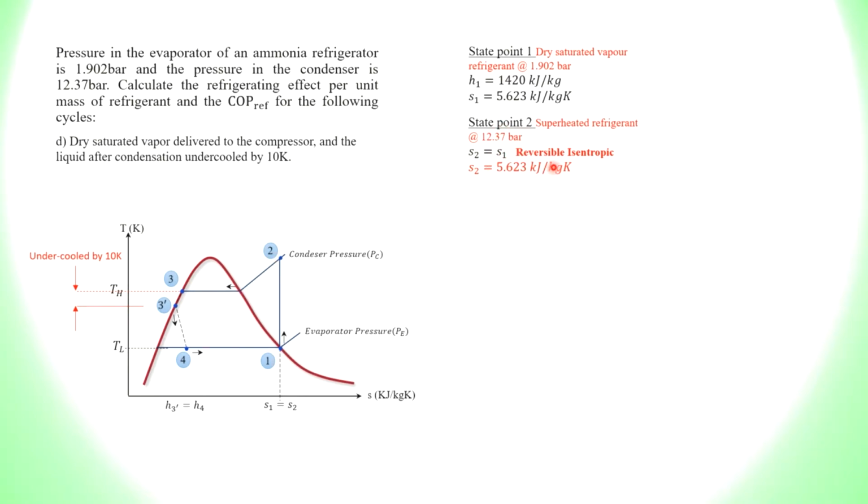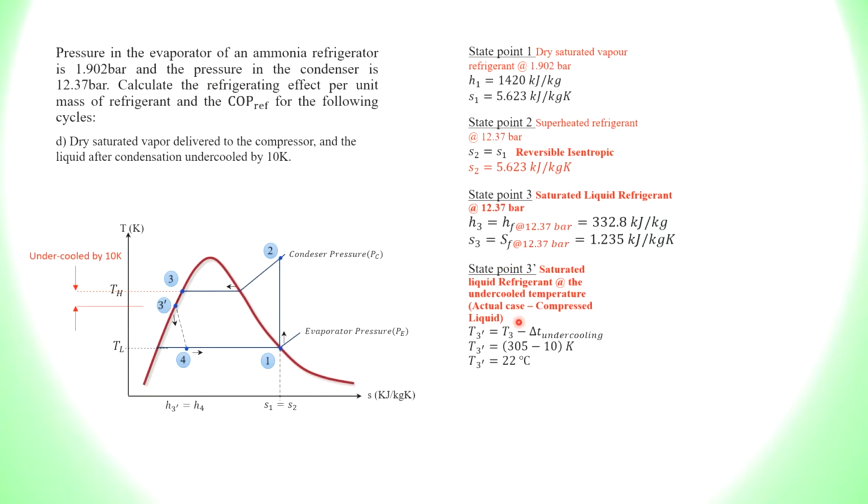You don't have to recalculate this because we have already done it; you just extract the values we got earlier for H2. Then H3 would be HF, and S3 would be SF at that pressure, 12.37 bar. By now, you should understand.